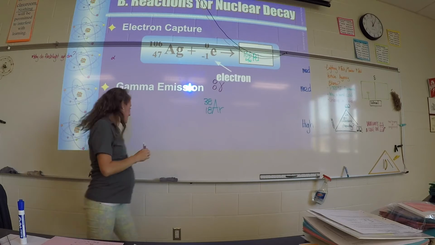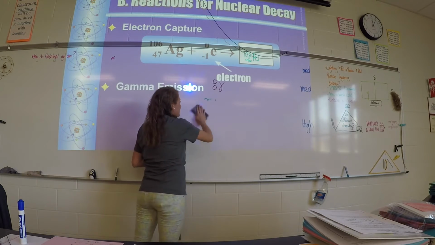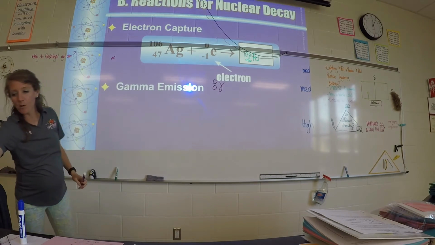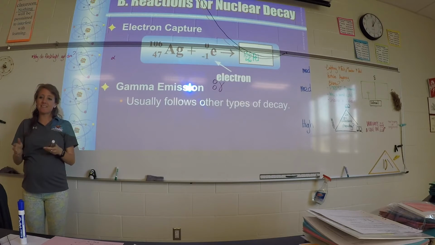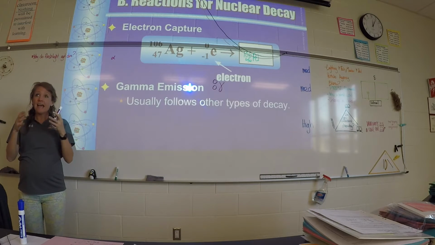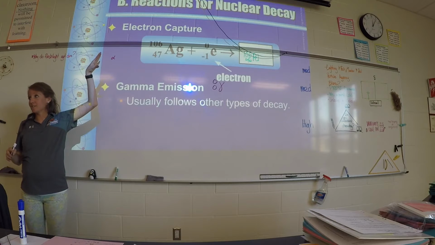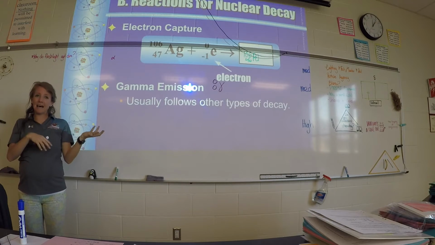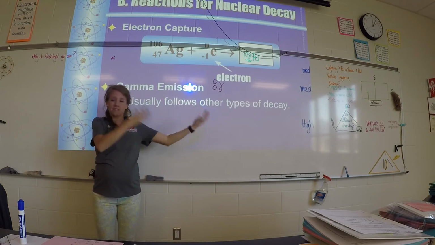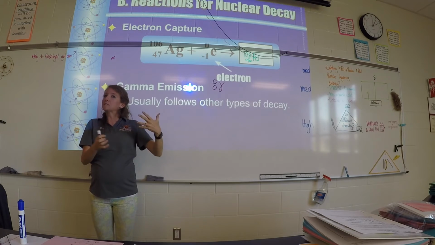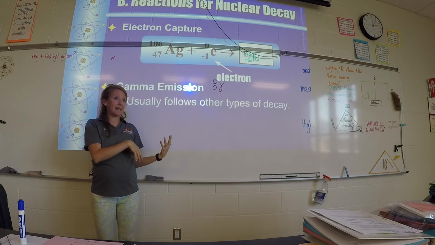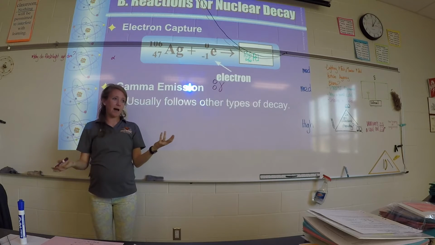No. So we actually won't really worry about balancing gamma ones. Just understand that they are there, and it's often a part of other ones. So when something does beta, it also may be kicking out some gamma. We don't see it in terms of a mass or a change, but it could be coming out as well.